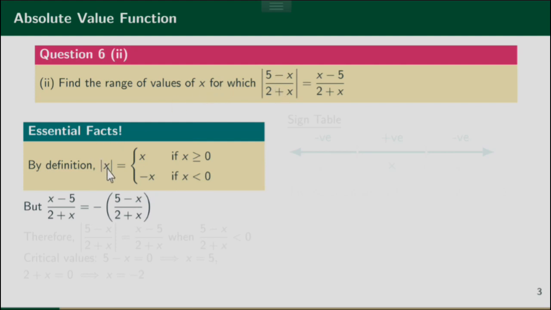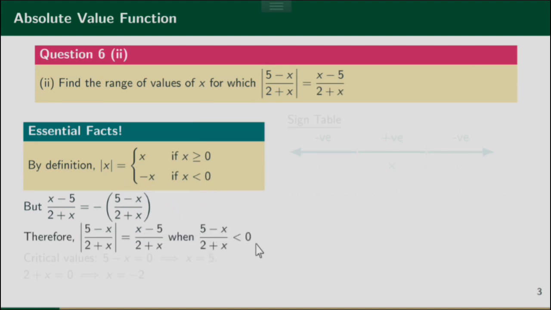That means mod x is equal to negative x. And what is the condition for this? x should be less than 0. So the required inequality we have to solve is the inequality where x is less than 0. So this is what we are solving.